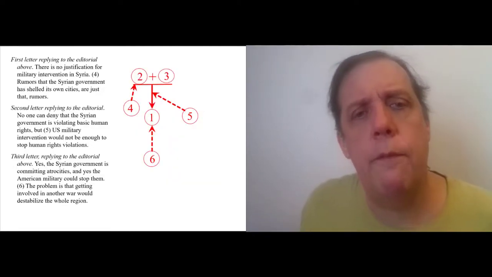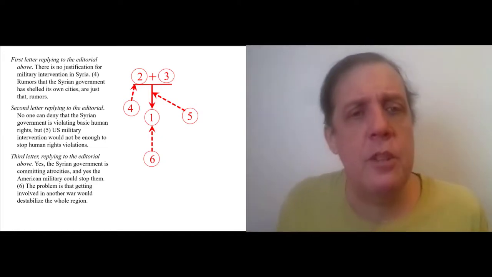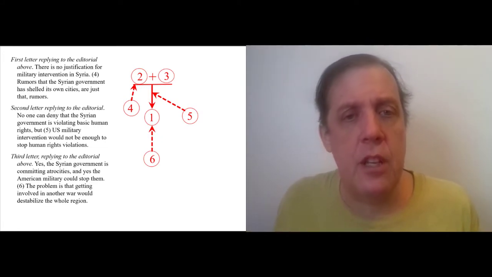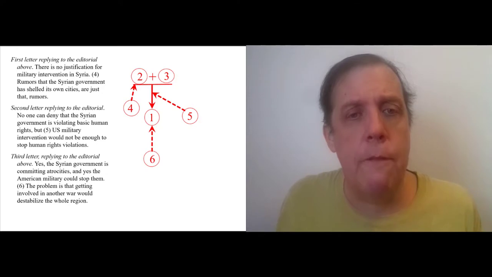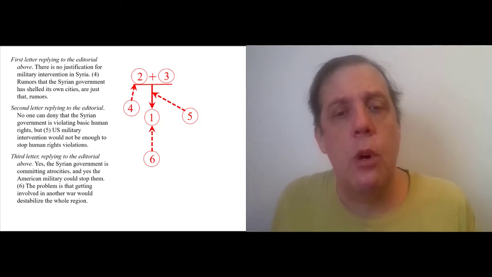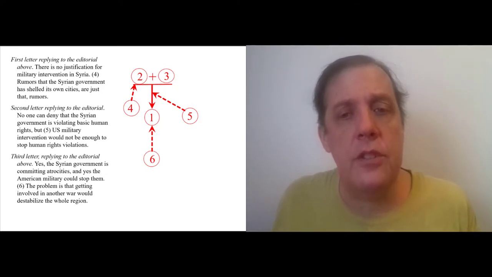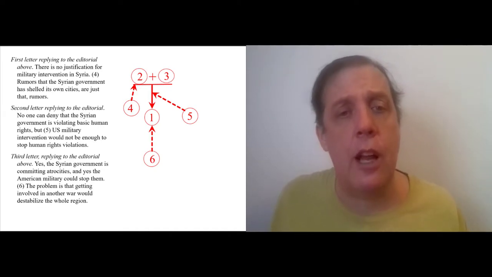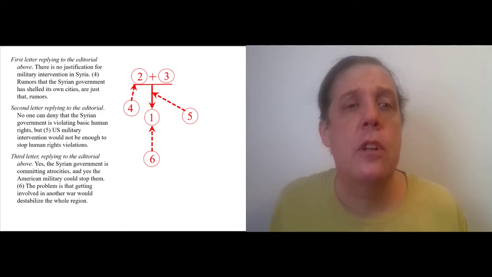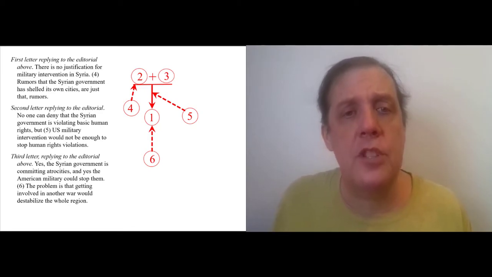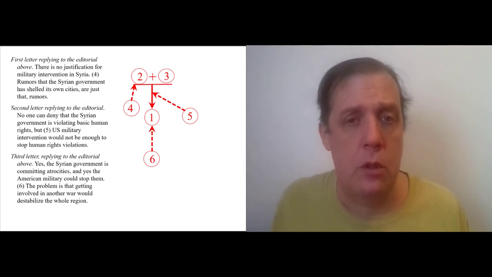So we have 3 possible objections here, and we've just numbered them 4, 5, and 6. And so what we're doing now is putting these on the diagram as dotted lines. Statement 4 was an objection to the truth of premise 2, so we draw a dotted line going from 4 to 2.